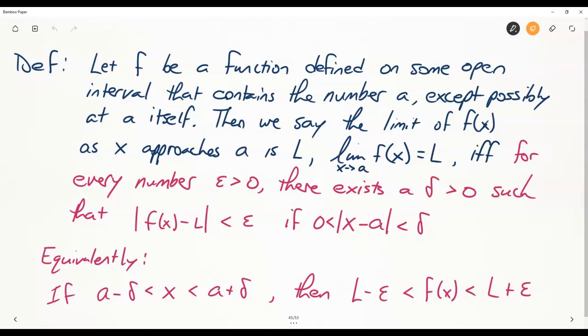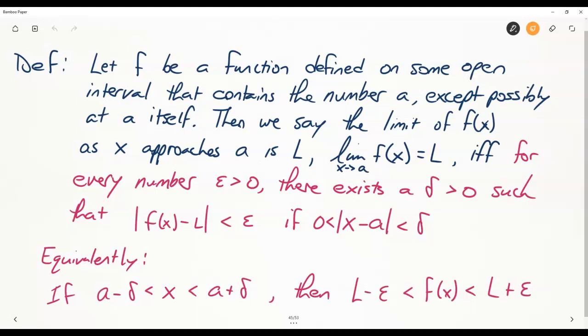And this last line says exactly the same thing as this, just rewritten without the absolute values. So absolute value of f of x minus L less than epsilon is the same as saying that f of x is somewhere between L minus epsilon and L plus epsilon.